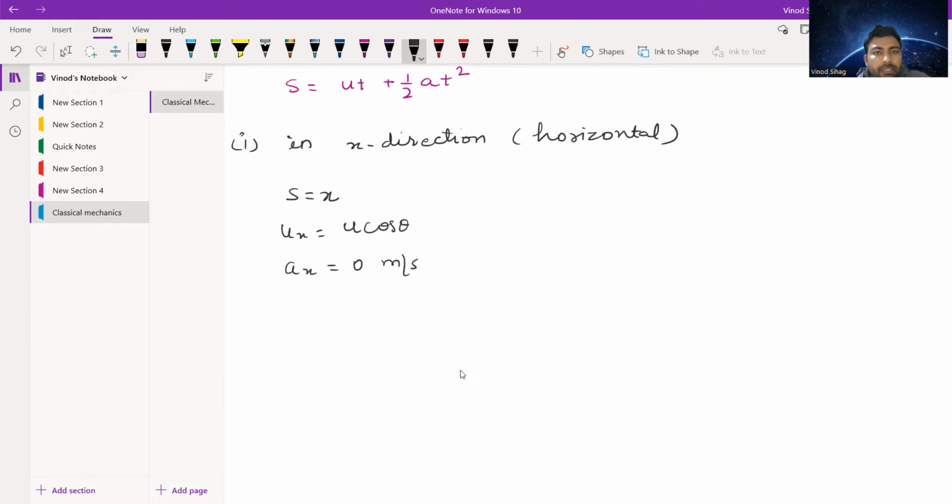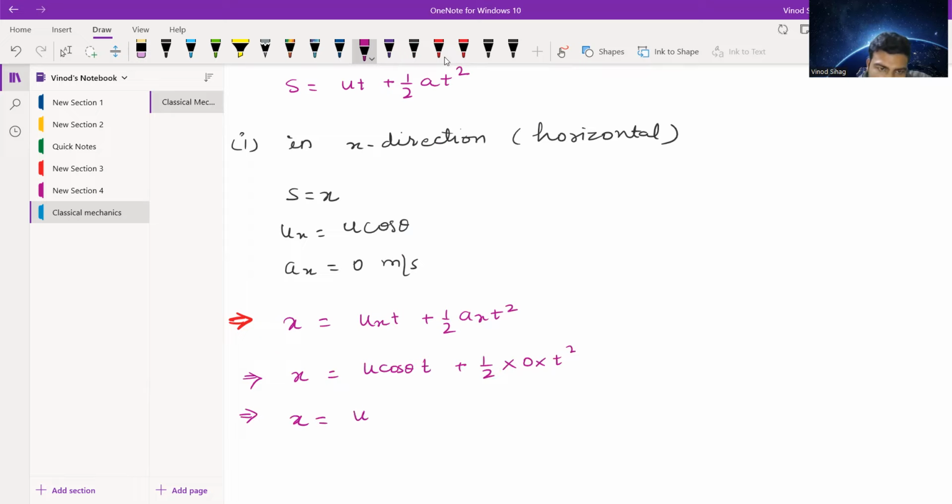Okay, so what does the equation become in the x direction? It will be x equals ux into t plus 1 by 2 ax t square. Now we will put the values. ux is basically u cos theta, and t is the time, plus 1 by 2, ax is 0, into t square. So the equation will become x equals u cos theta into t.